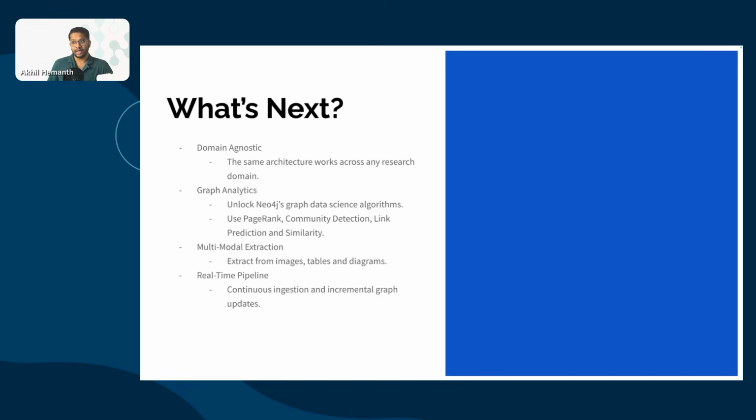Graph analytics, I don't think we've pushed how much of Neo4j is being used in this. For now, it's a great way to build the knowledge graph, but I think we want to push it more in terms of data science algos, page ranking, community detection, link prediction, and similarities across the nodes and relationships.